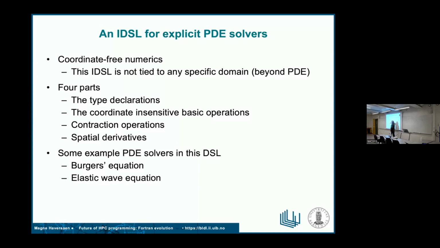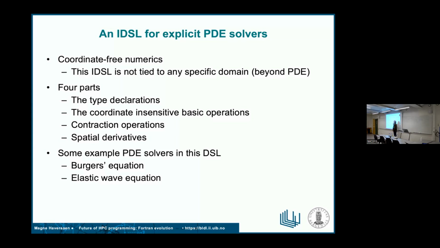I'll show some type declarations for that domain, some coordinate insensitive basic operations, some contraction operations, and some spatial derivatives. And then we'll look at two PDEs and sketch a third one.